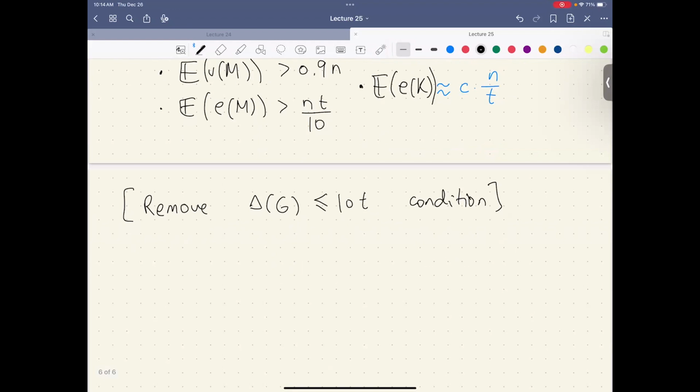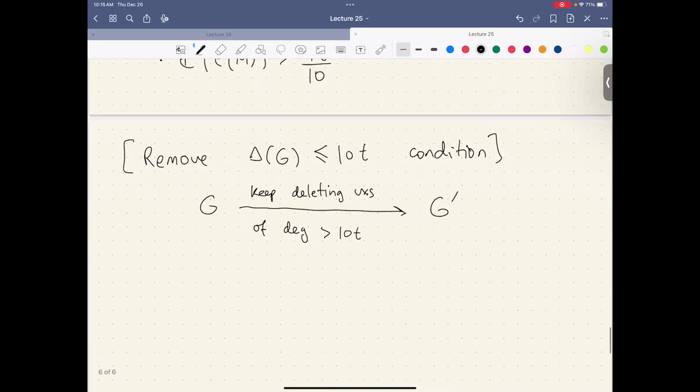So you start with G, then you keep deleting vertices of degree strictly bigger than 10t. You get G prime. How many vertices do we delete?